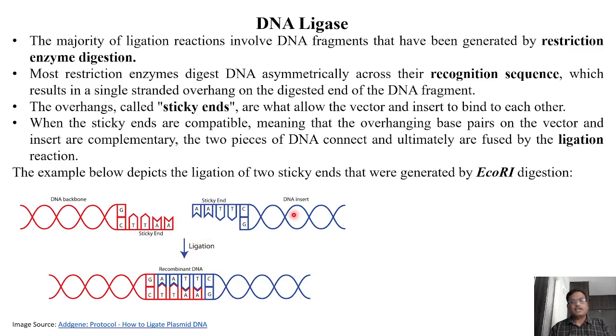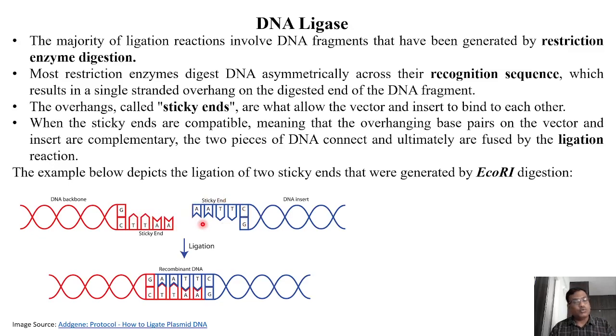The majority of ligation reactions involve DNA fragments that have been generated by restriction enzyme digestion. Most restriction enzymes digest DNA asymmetrically across their recognition sequence, which results in a single strand overhang on the digested end of the DNA fragment. That's what I was telling in the previous slide. The restriction enzyme, when it cuts the DNA, produces the single stranded overhang. This is one single stranded overhang and this is another.